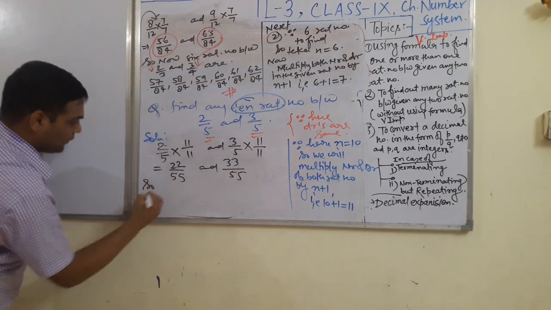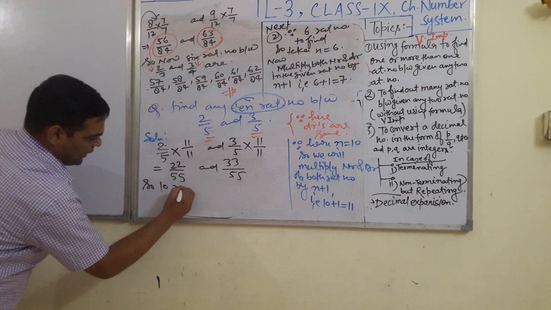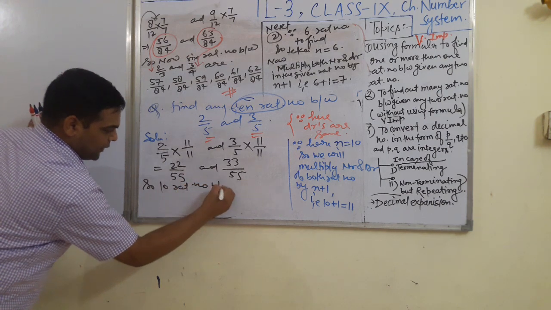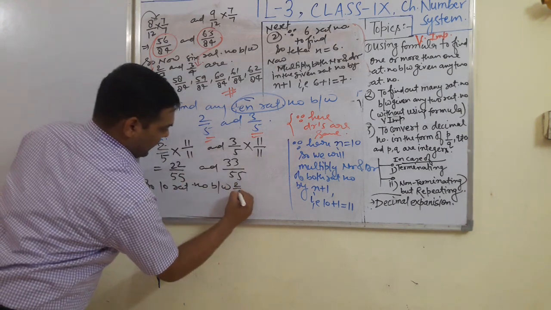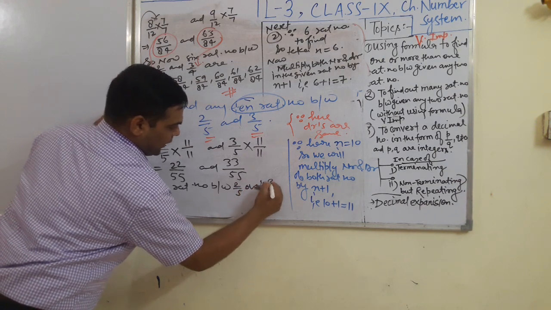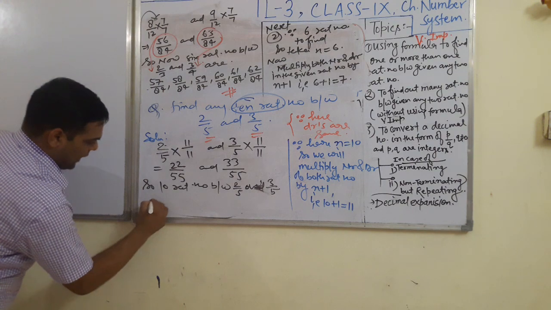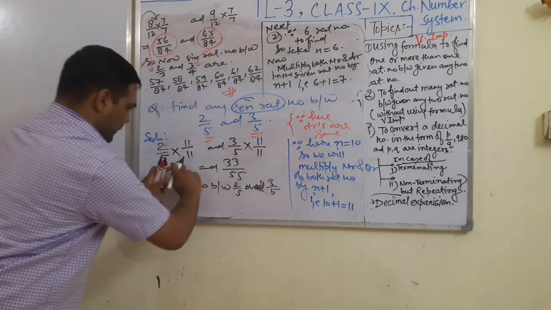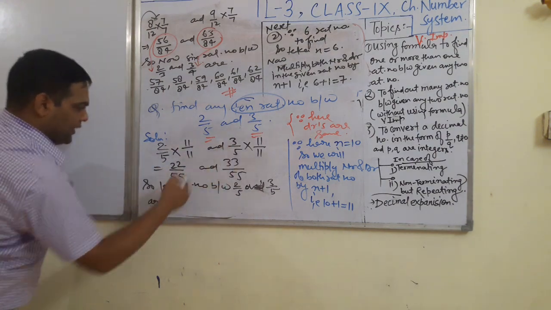So 10 rational numbers between 2 by 5 and 3 by 5 are, just go ahead from 22 and near 33.